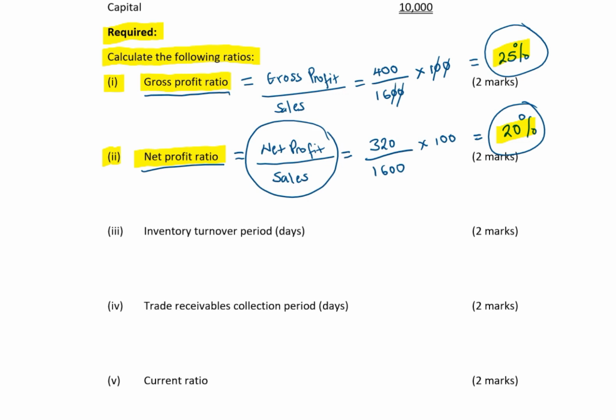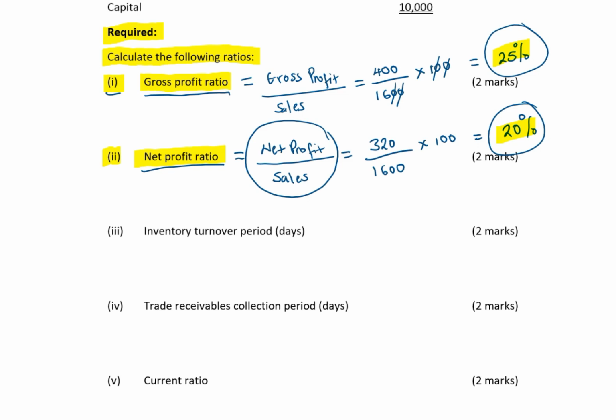Examiners may ask you for the formula. They could simply ask you for the formula for gross profit ratio. They can ask you for the formula for net profit ratio. Now, it's easy for you to actually know this if you really look at them carefully. If it says, as you can see, for example, under 1, gross profit ratio, then you know that you're dealing with gross profit.